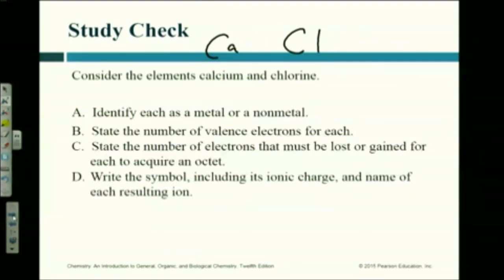Chlorine, how many valence electrons? 7, in group 7. How many electrons does calcium have to gain or lose until it looks like a noble gas? 2 or 6. What do you think's easier? 2. It's going to lose 2, isn't it?